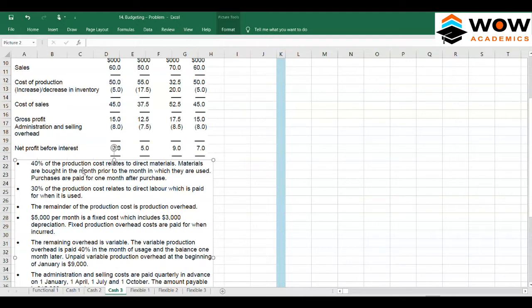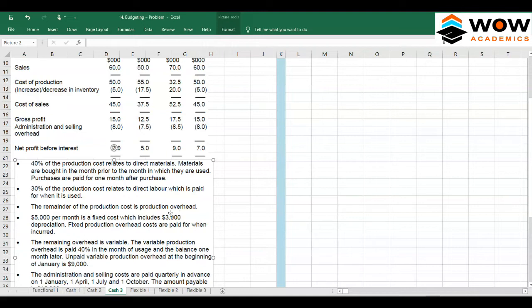So goods are first purchased for February in January, and the January amount will be paid in February. 30% of the production cost relates to direct labor, which is paid for when it is used. So 30% of all cost of production is direct labor, and it is paid in the same month itself. The remainder, another 40% of the production cost, is the production overheads.